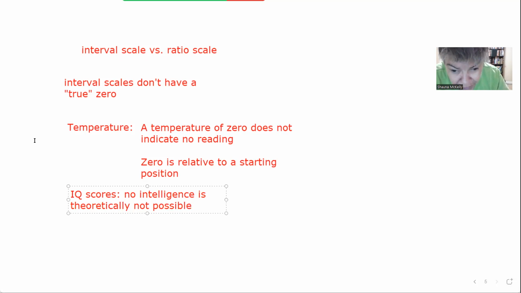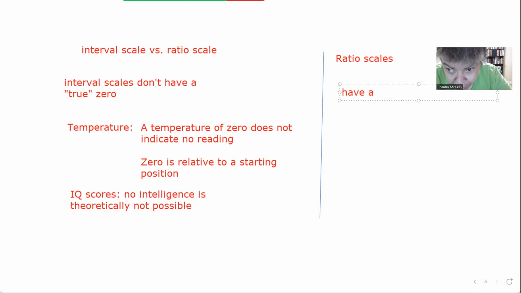Now contrast these examples of interval scales with the ratio scale, which does have a true 0, okay? Ratio scales have a true 0.